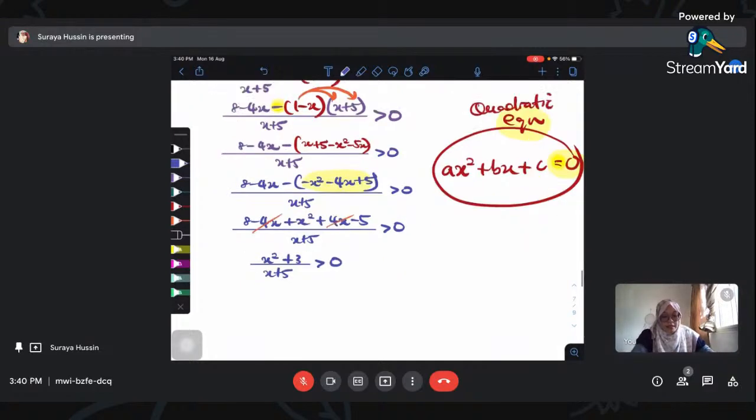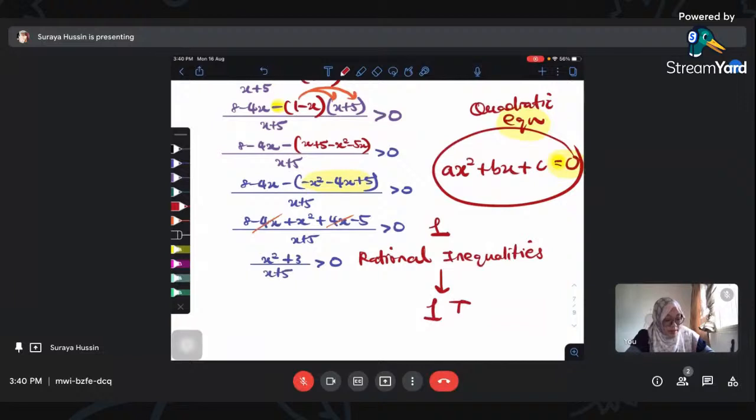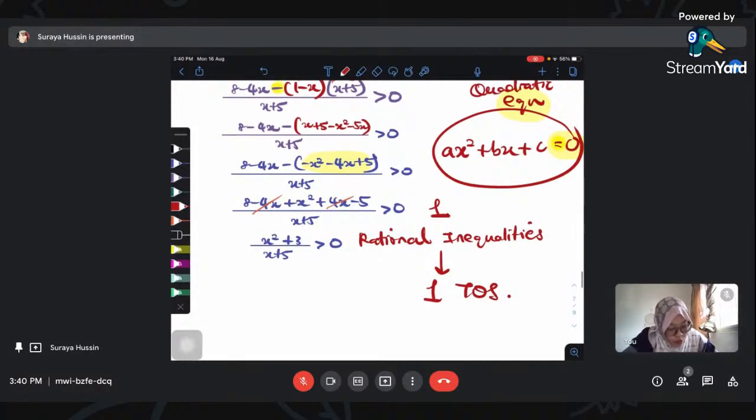Tada! This is what you call as rational inequalities. So kalau satu rational inequalities gonna give you satu TOS. Macam tu je lah. Satu TOS. You will encounter another TOS, iaitu benda ni agak pelik.